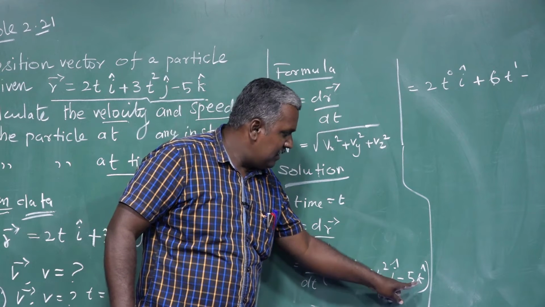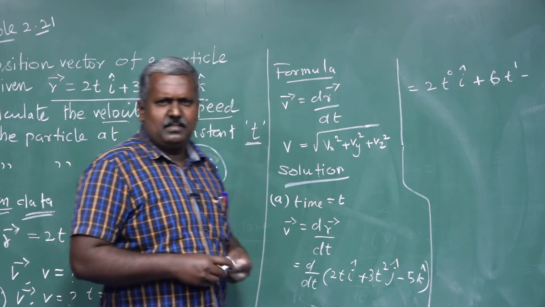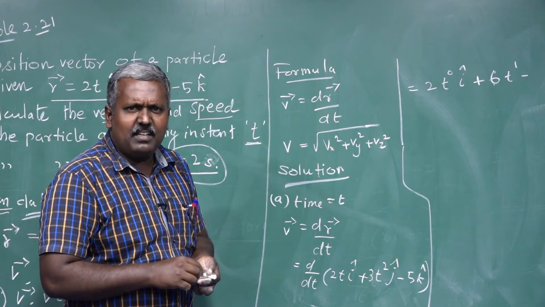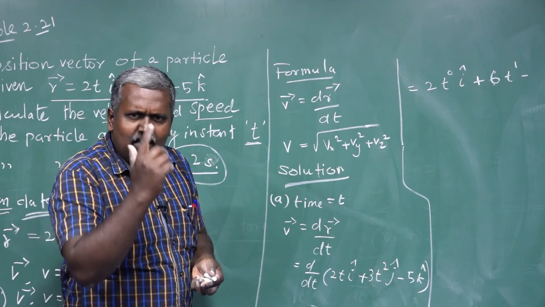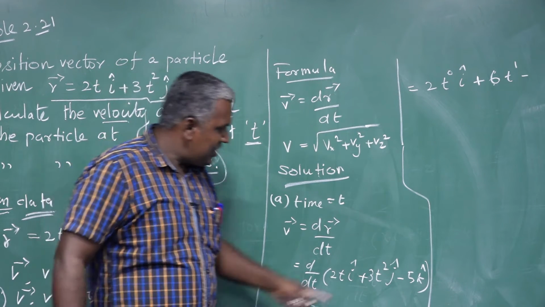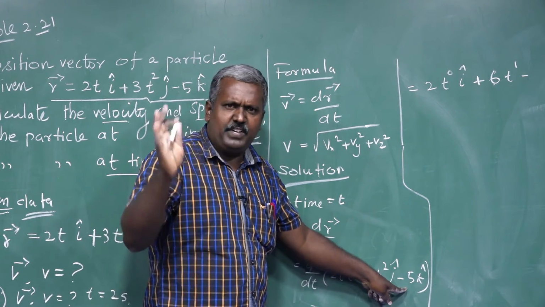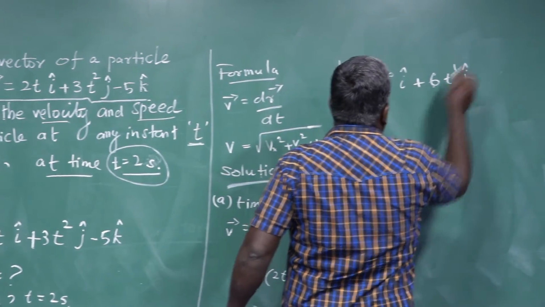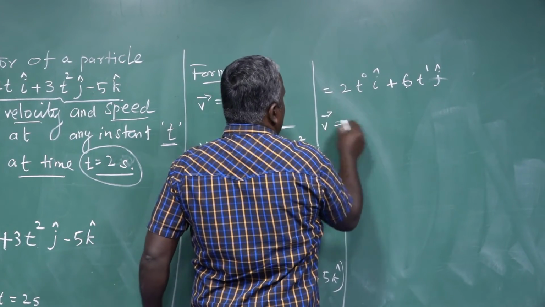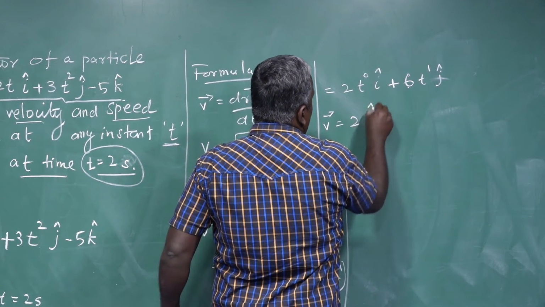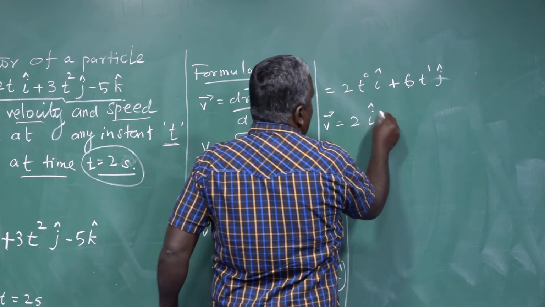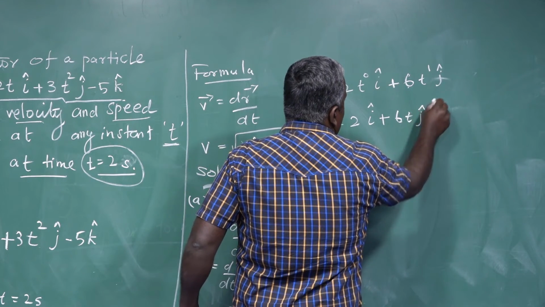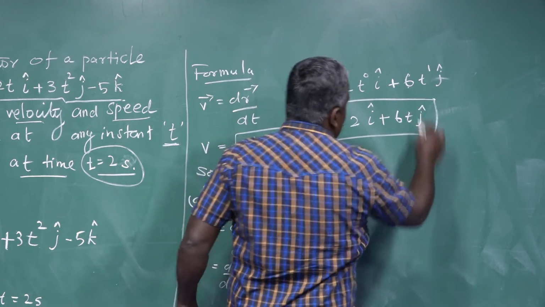So there is no velocity component along the z-axis. Differentiating this constant gives 0, so leave it. Therefore, v vector is equal to 2 t power 0, which is 2 i cap, plus 6t j cap. This is velocity at any instant.